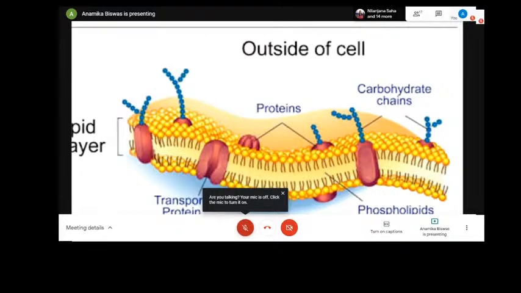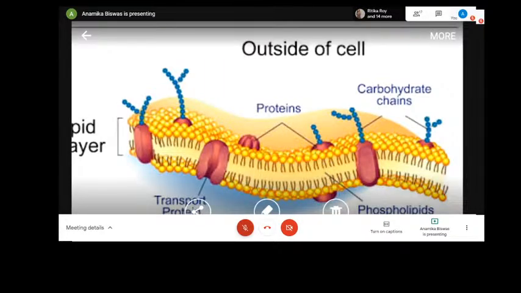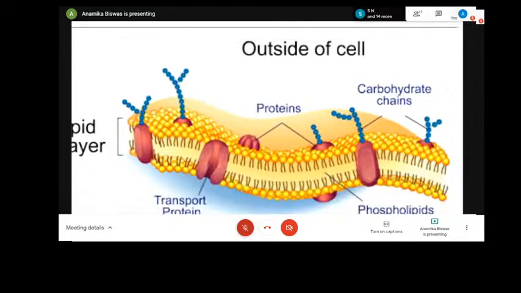Now, some molecules, for example polar molecules, require carrier proteins of the membrane to facilitate their transport across the membrane, because they cannot pass through the non-polar lipid bilayer.